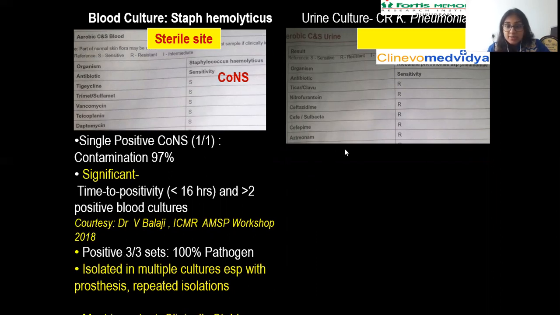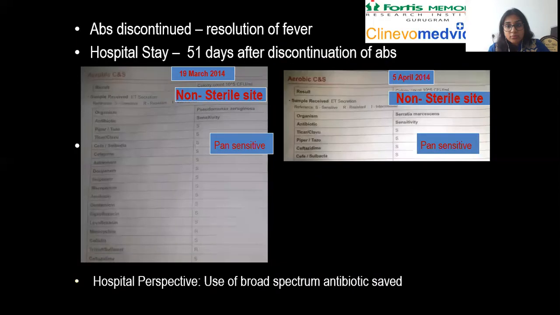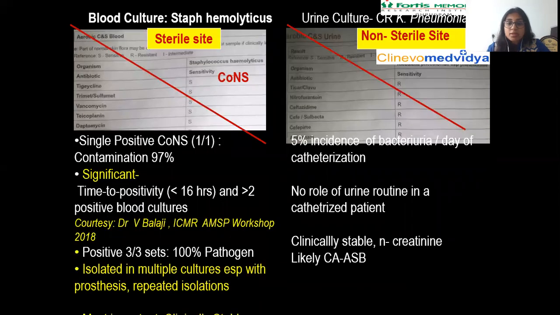Now coming to the interpretation of the urine culture. Urine is a non-sterile site, and this patient, if we looked back, actually had a catheter in situ.